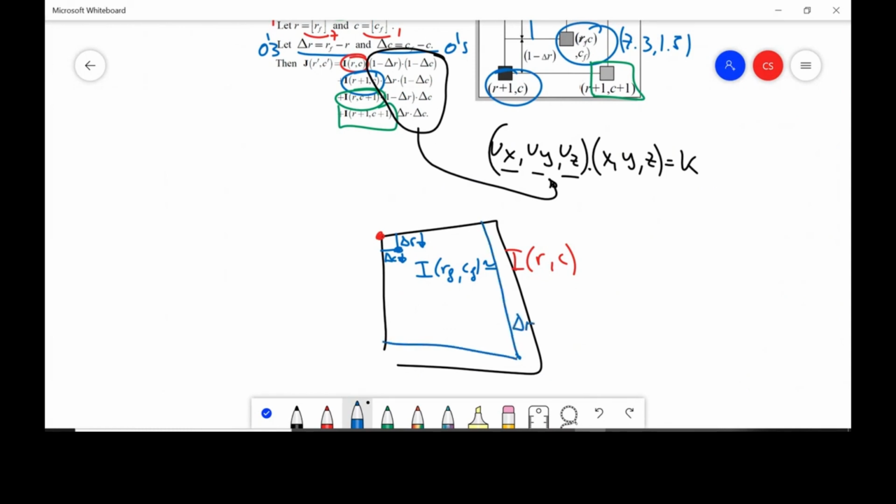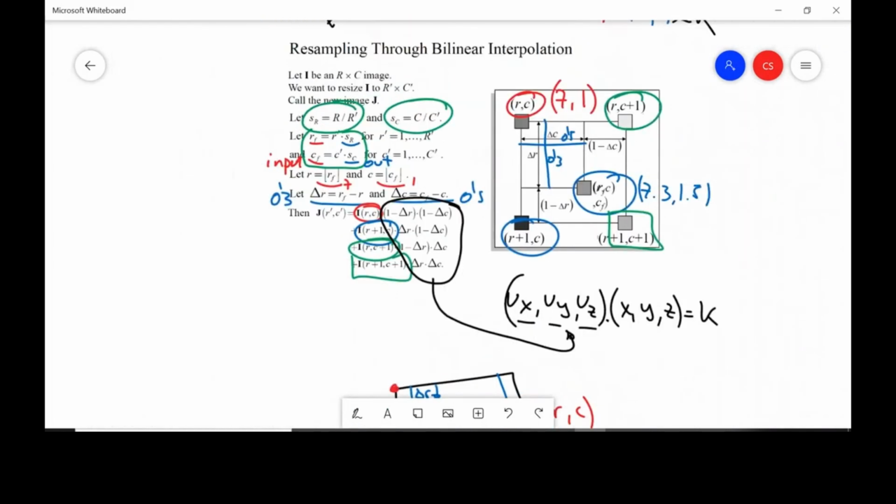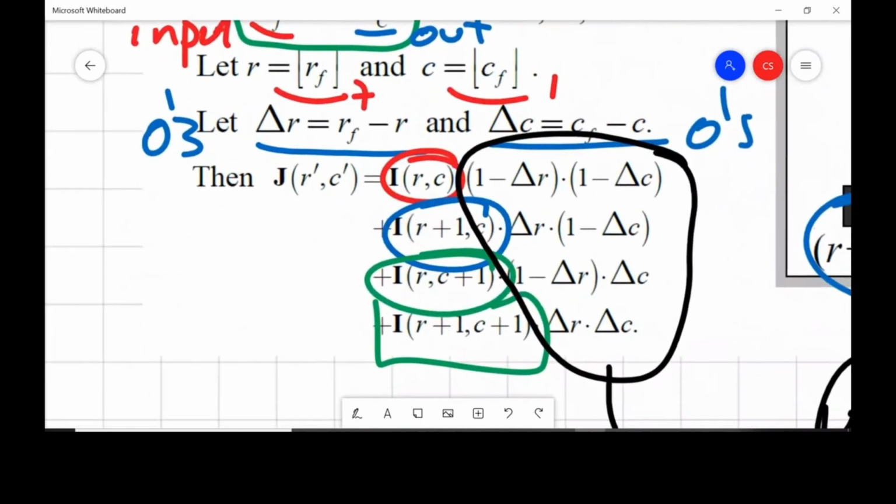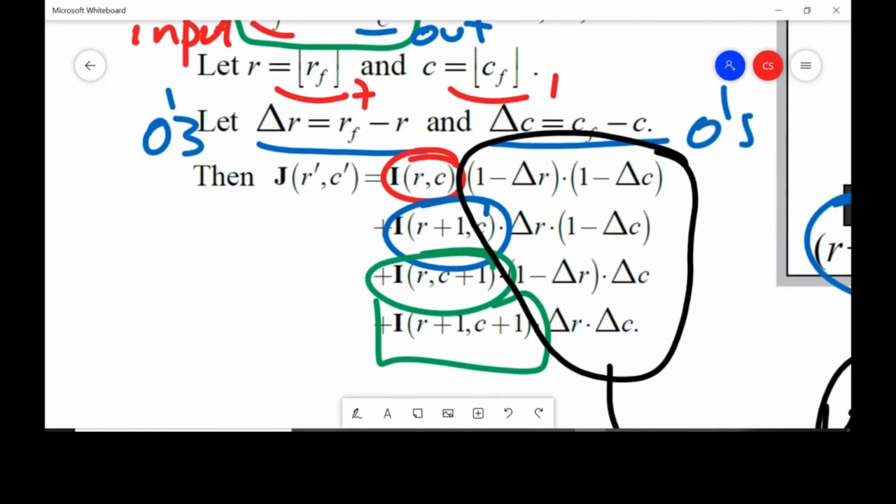So delta R is large, delta C is large. Okay, so let's come back to the equation. So delta R, delta C are large, so 1 minus delta R is small, 1 minus delta C is small. So this is almost 0, this is almost 0, this is almost 0, and this is the one that remains.